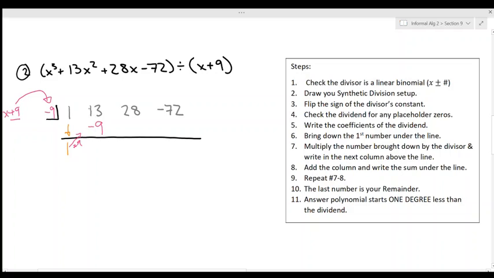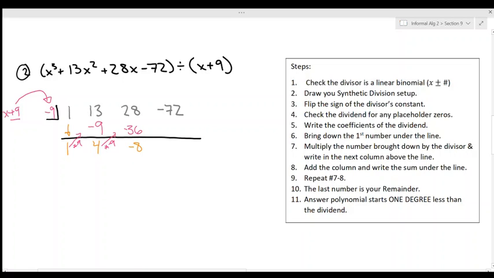Now we're going to add 13 plus a -9 gives us a 4. We're going to take that 4, multiply by our synthetic divisor, which is -9. So 4 times -9 is -36. Then we're going to add 28 plus -36 gives us a -8.